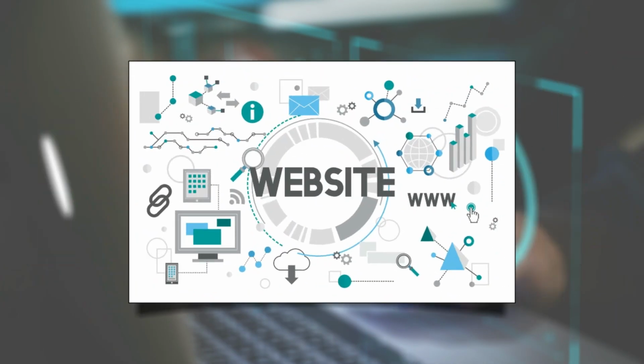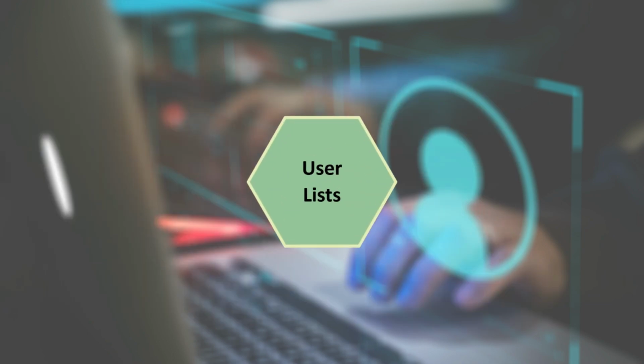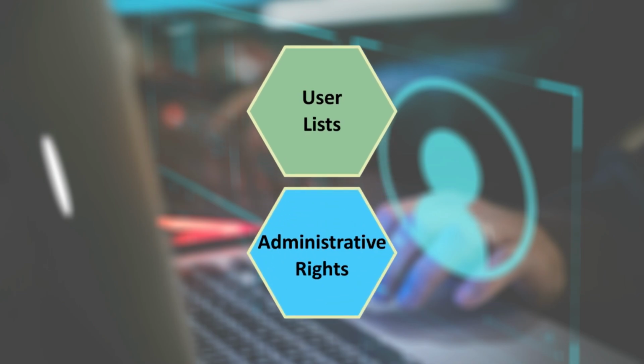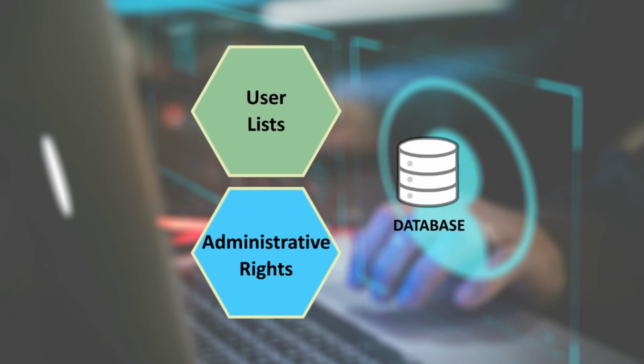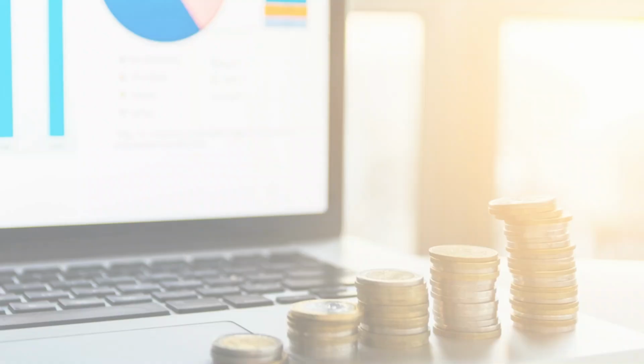SQL impact on business sites can be very far-reaching. A successful attack may result in the unauthorized viewing of user lists, the deletion of entire tables, and, in certain cases, the attacker gaining administrative rights to a database, all of which are highly detrimental to a business.